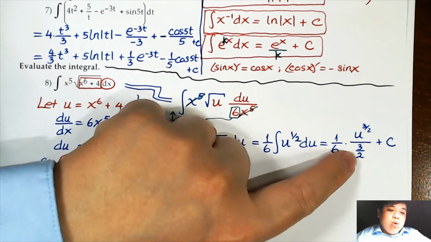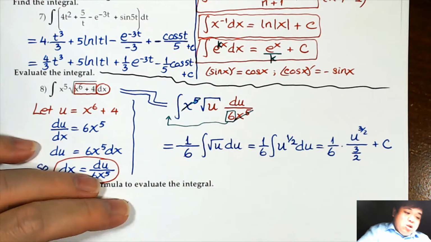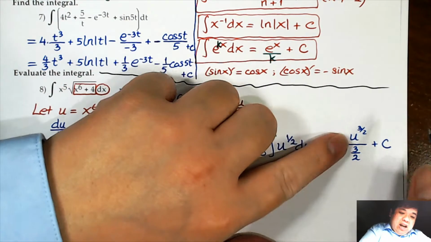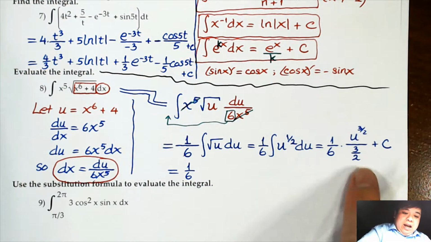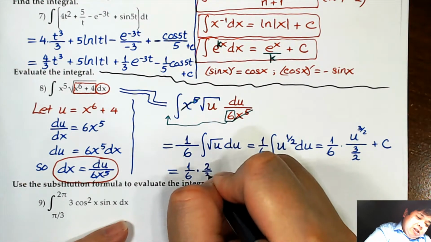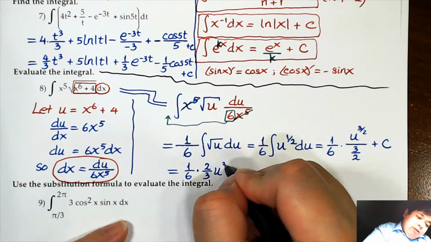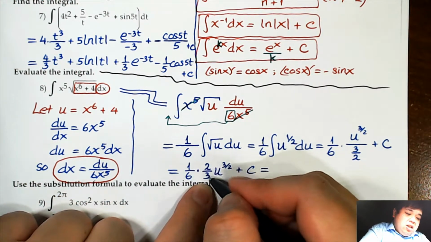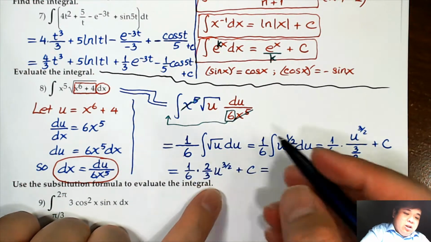Right. Now since we divide by 3/2, it is multiplied by the reciprocal. So 1 over 6 still in front. Haven't done anything with it. And then divide. Let's flip it to the u to the 3/2 plus c. Now 1/6 times 2/3, 2 and 2 cancel out.